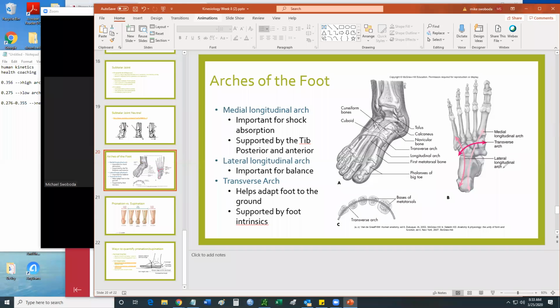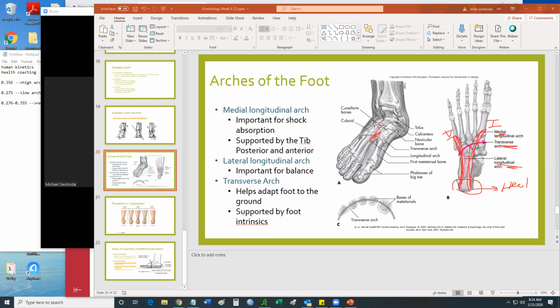You have two longitudinal arches and one transverse arch. Your longitudinal arches, you have a medial and a lateral one. They both originate at your heel. They insert on your fifth and first metatarsal. So your lateral longitudinal arch goes from your heel to your pinky toe. Your medial longitudinal arch goes from your heel to your big toe.